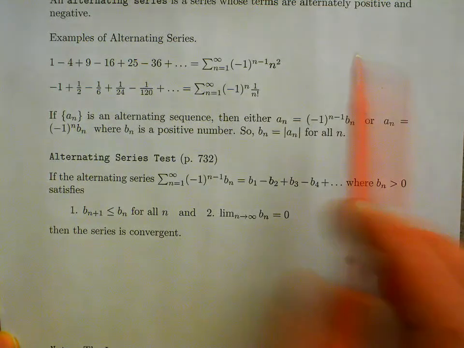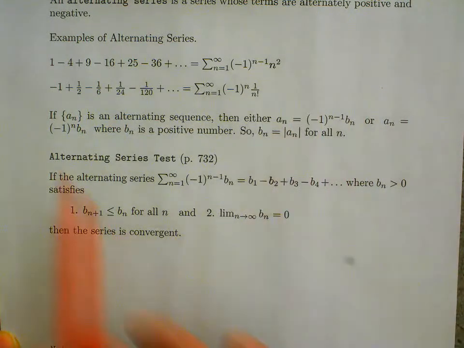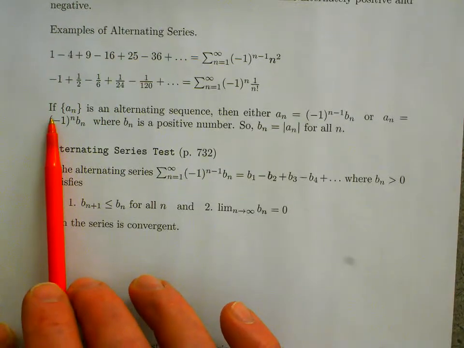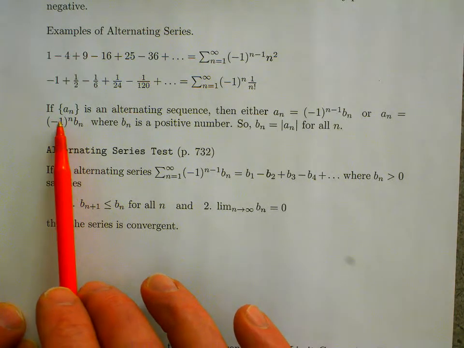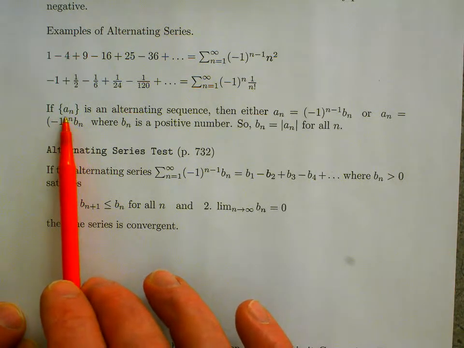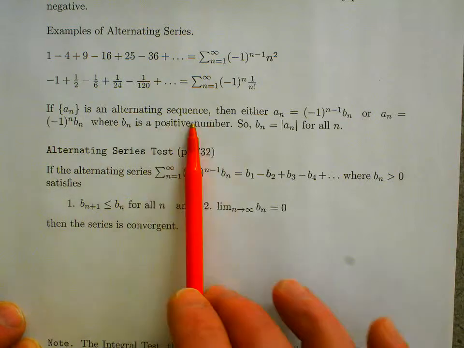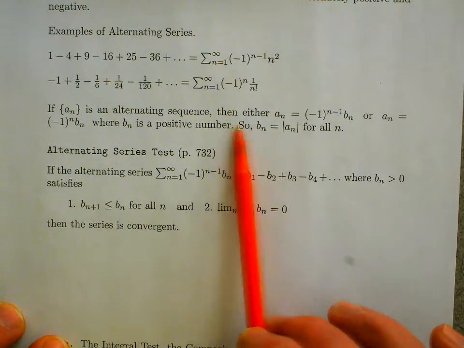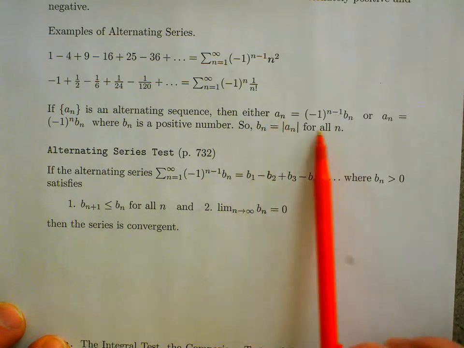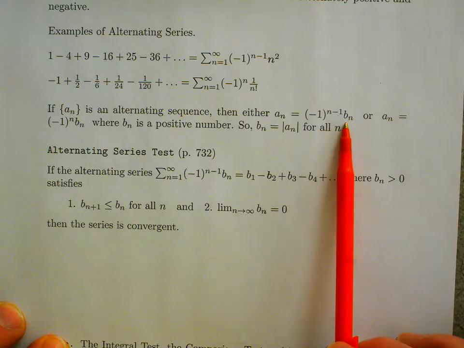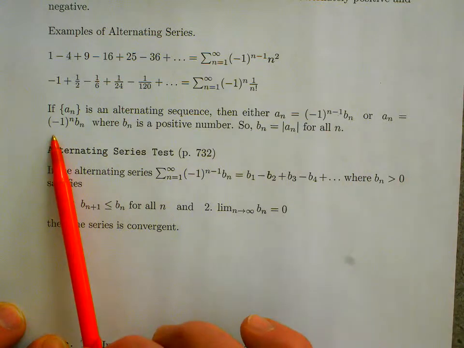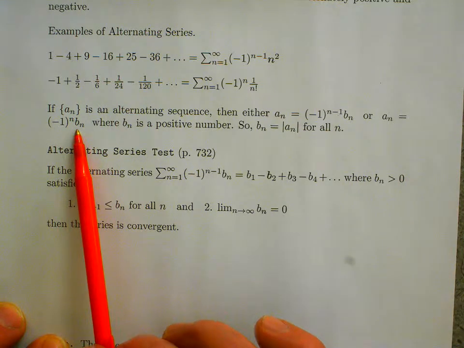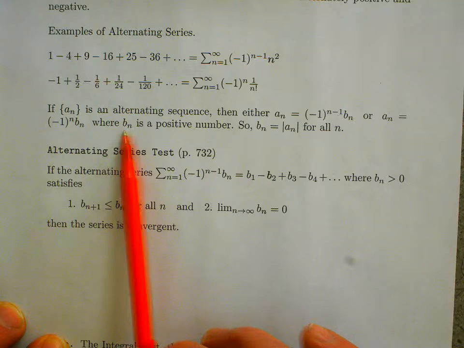Okay, so as you saw in those two examples, if the sequence a sub n is an alternating sequence, then either a sub n is equal to negative 1 to the n minus 1 times b sub n, or a sub n is equal to negative 1 to the n times b sub n, where b sub n is a positive number.